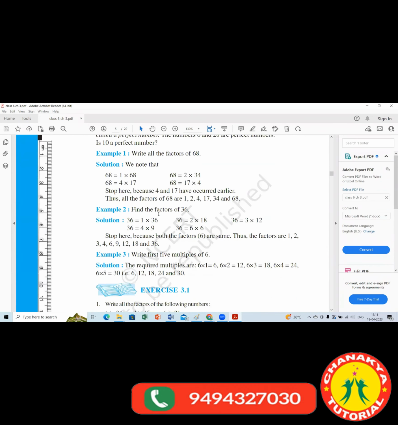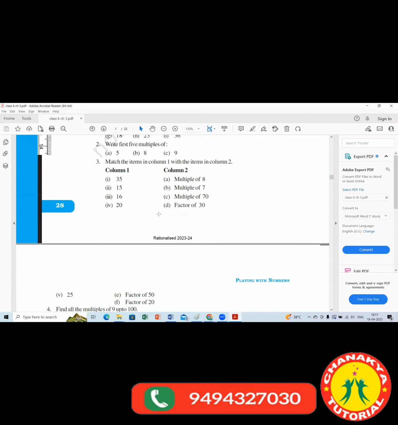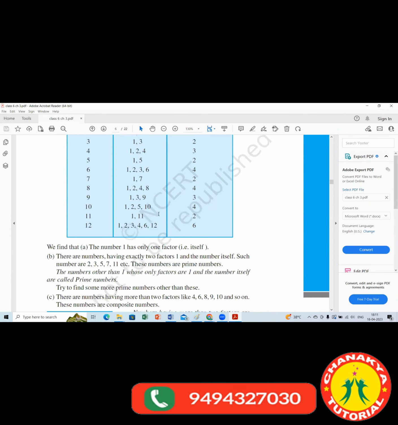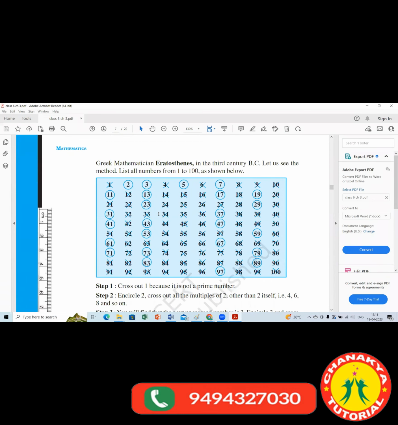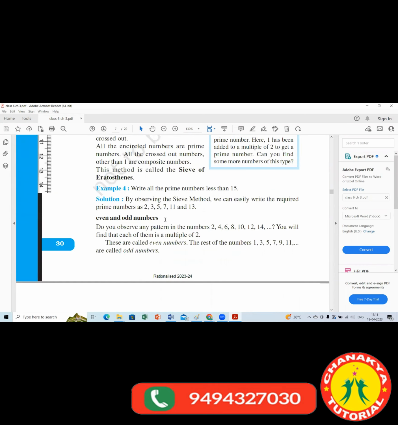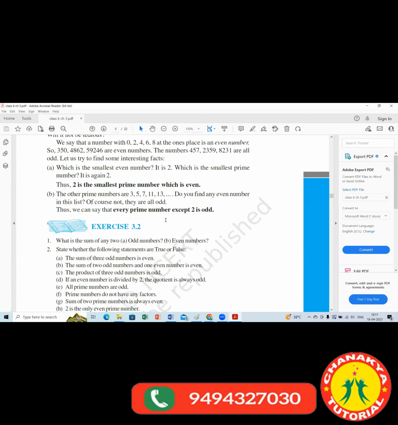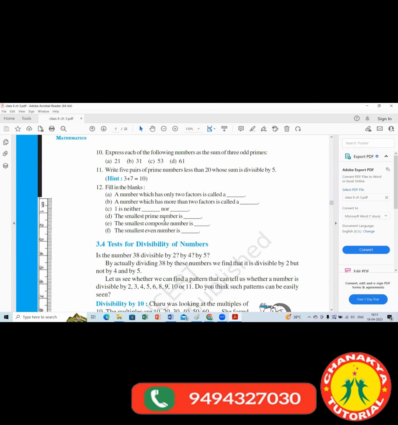In between 90 to 100, what are the prime numbers? Yes, ma'am, 97 is the only prime number between 90 to 100. Very, very good. I think this part we completed, right?